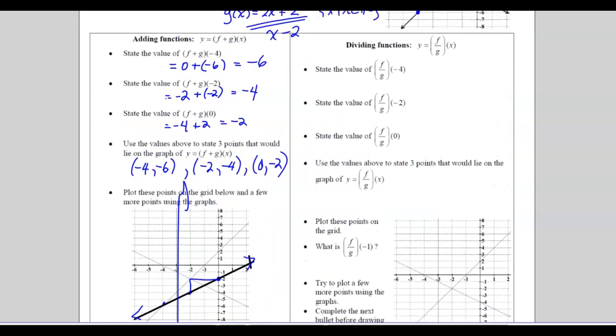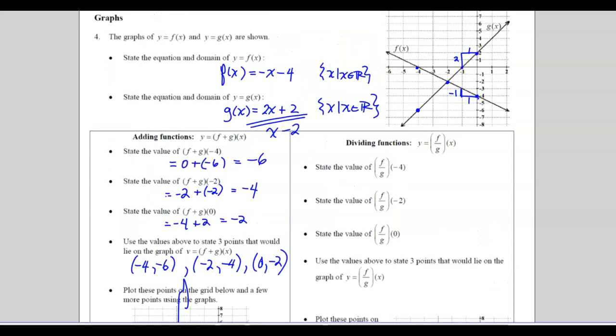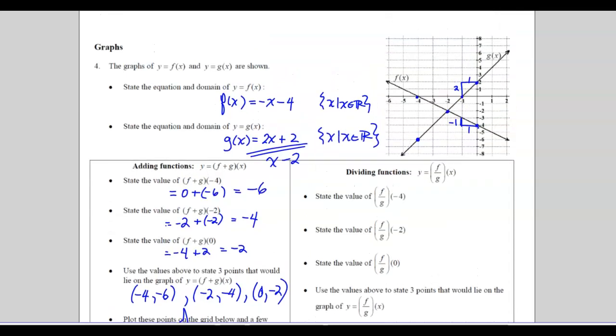Now, let's look at division of those two linear functions. So it says state the value of f over g at -4. So notice how we found here, it's still the same x value. So f was 0, g was -6.